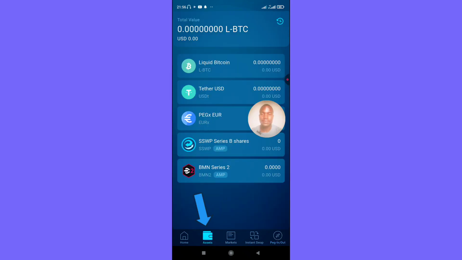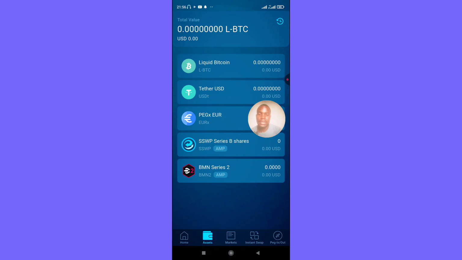Under my assets page, you can see I have zero balance, which is 0 L-BTC. And I've said that Sideswap only supports the liquid network. So in case I had Bitcoin L1, the mainnet, I can't send that L1 Bitcoin directly here. I need to use a feature that enables me to convert this token into liquid Bitcoin.